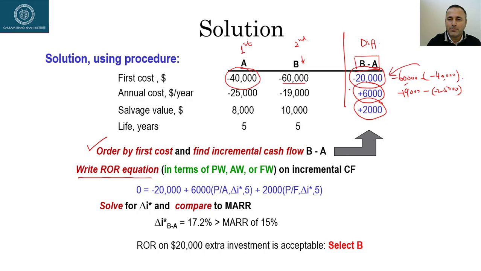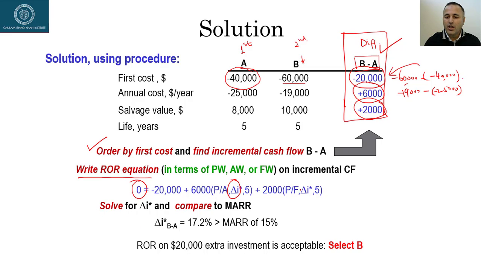These are my incremental cash flows. As I told you in my last lecture, whenever we see the word increment, normally we are talking about differences. When I set this equation, let's say the rate is delta I, which is unknown: at what rate will the present value of these incremental cash flows be equal to 0?